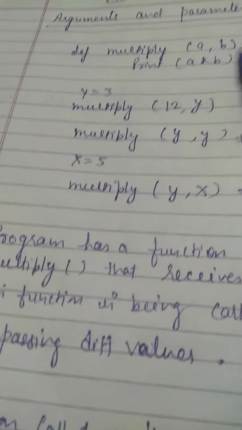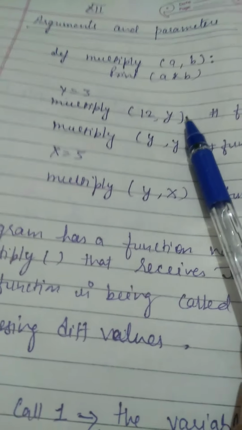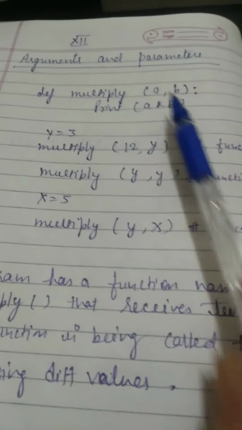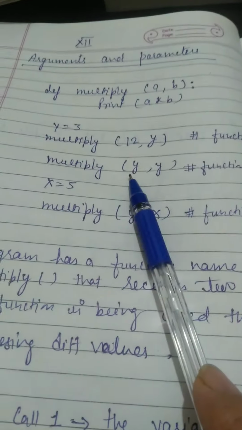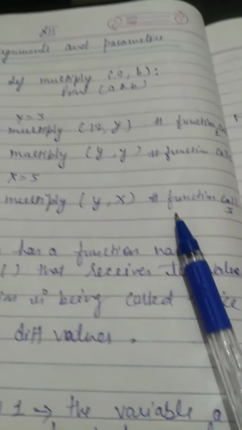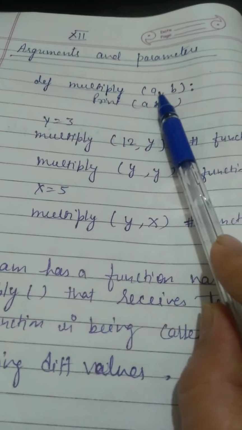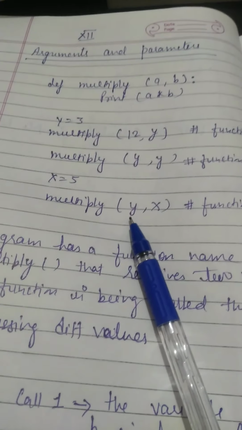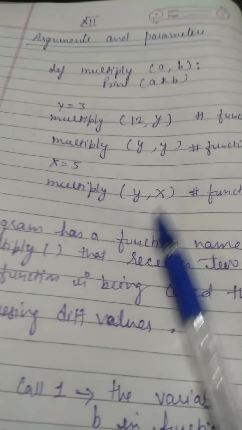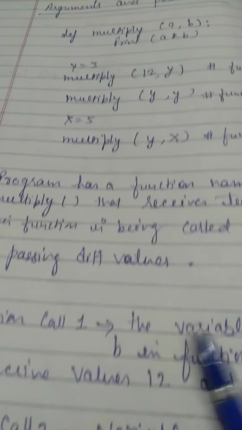In function call 2, variables a and b will receive values y and y, and in function call 3, the a and b variables will receive values y and x. This is what we have discussed till now.